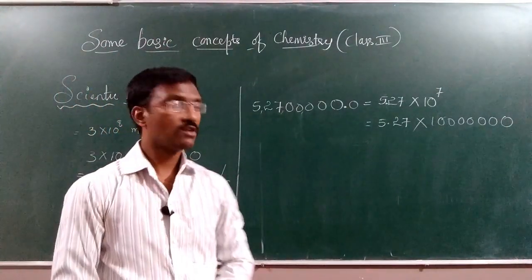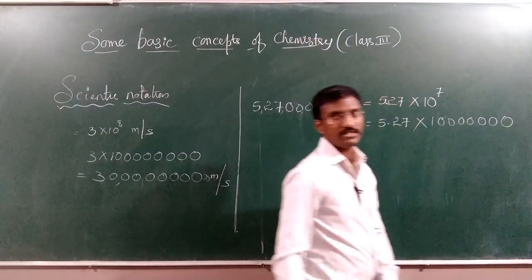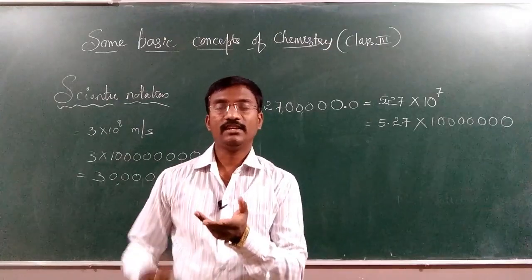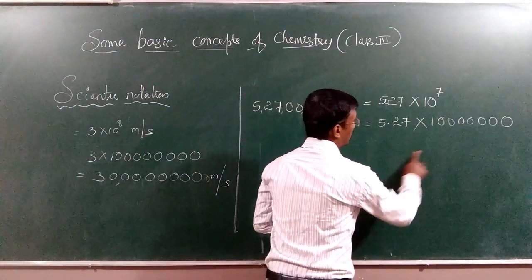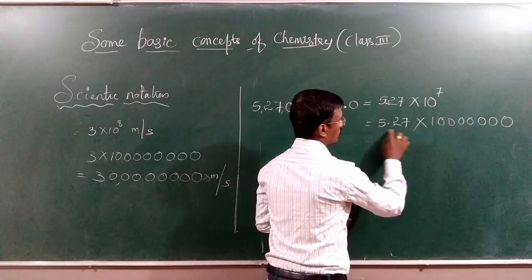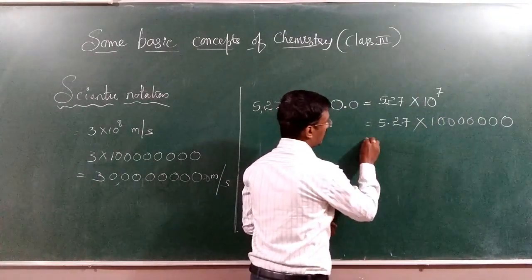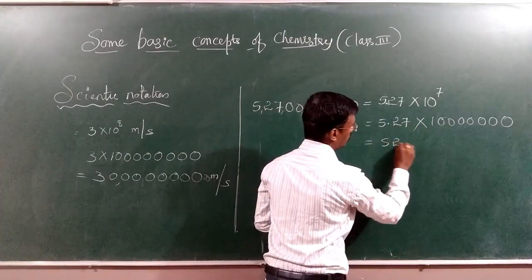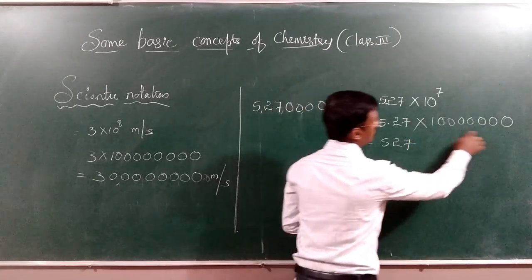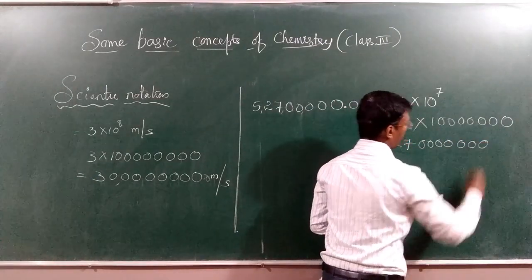So it means that the 7 zeros are nothing but what? If we multiply anything into 0 means 0. So 5.27 we have to multiply into the 1. Therefore the number will be 527 into 1 means 527. And remaining zeros are 1, 2, 3, 4, 5, 6, 7 as it is.